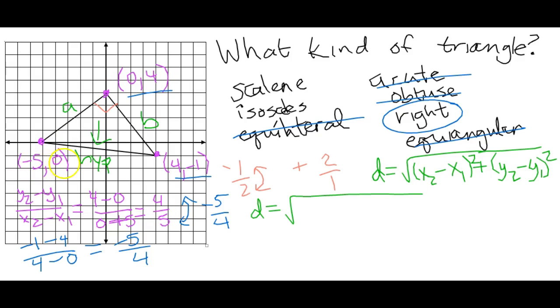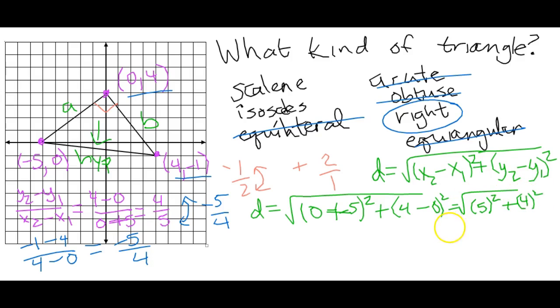We're using -5, 0 and 0, 4. x2 is 0 minus x1 is -5, squared, plus y2 is 4 minus y1 is 0. 0 minus negative is plus, so 0 plus 5 is 5. And 4 minus 0 is 4. 5 squared is 25, and 4 squared is 16. 25 plus 16 is 41.